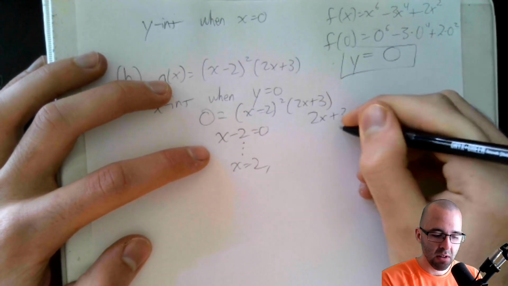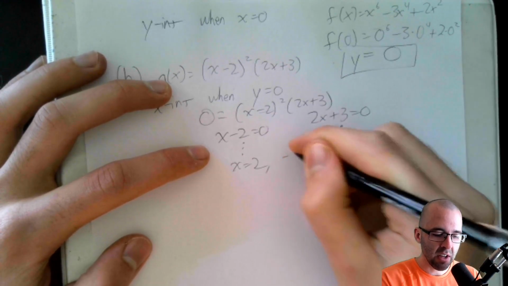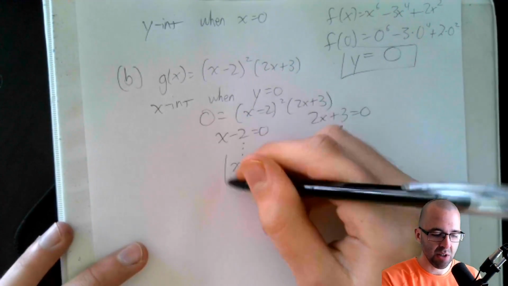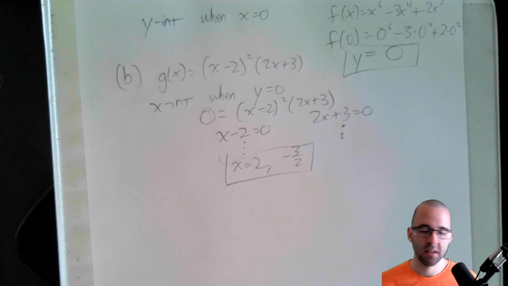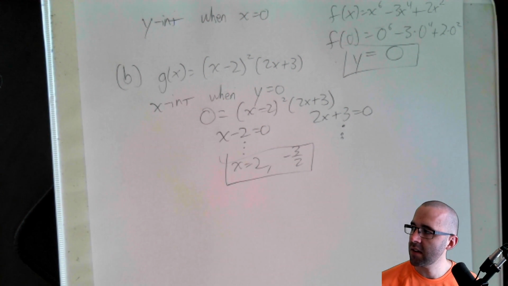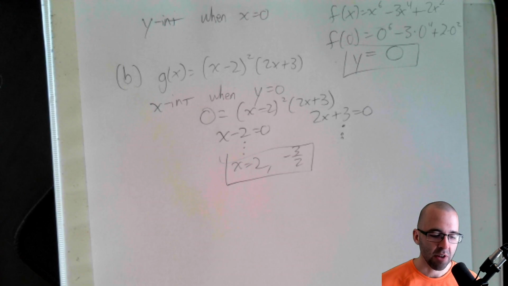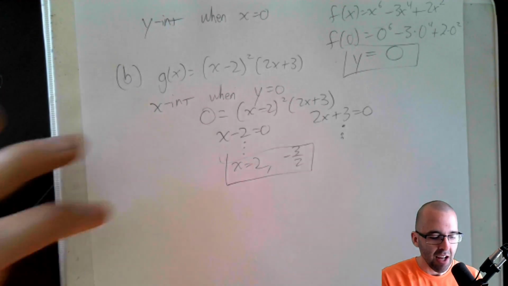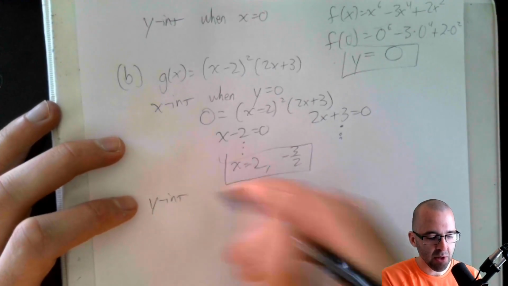X equals 2. Solve this equation, you get negative 3/2. I trust all of you to be able to solve this linear equation, so I'm not going to do it right now. There are 2 zeros right here. 2 x-intercepts.